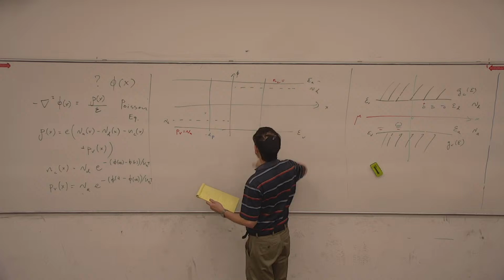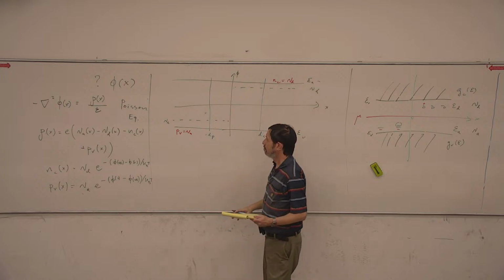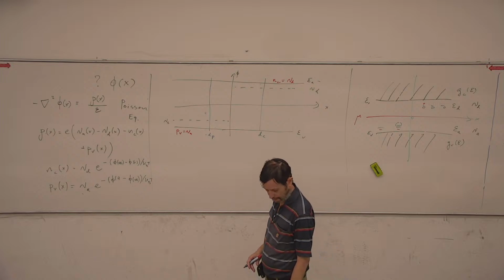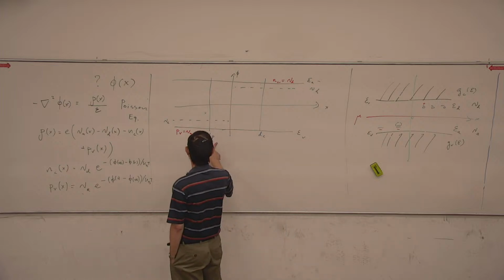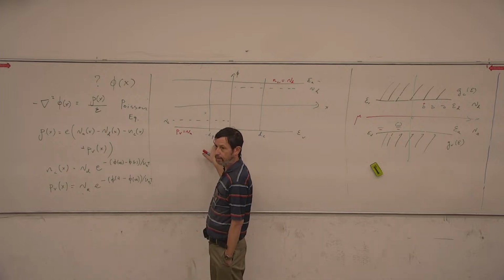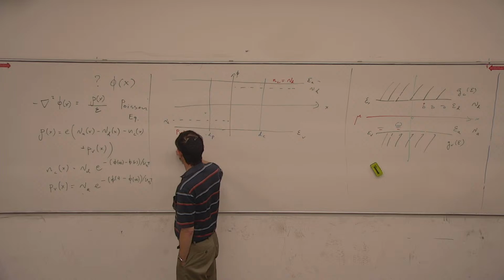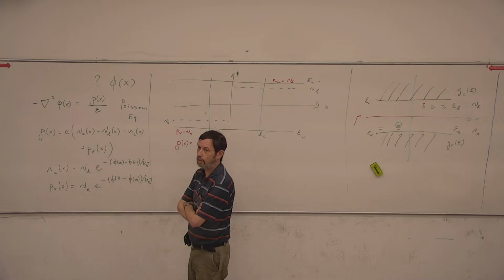NC will be equal to ND, meaning, and this is an important point for me, what will I have here regarding number of charges, density of charges?